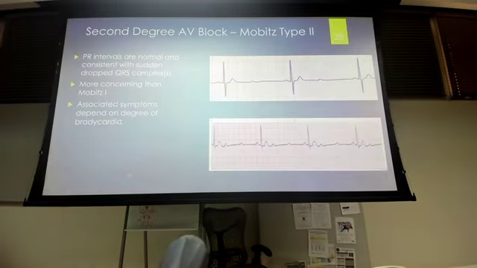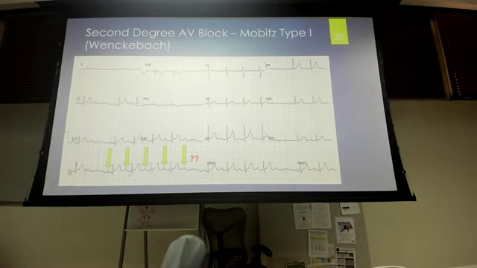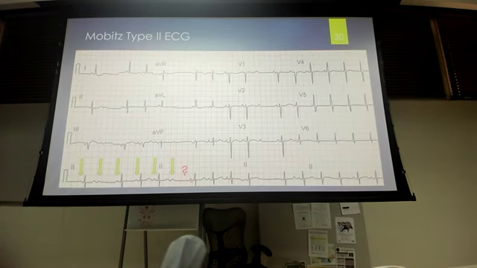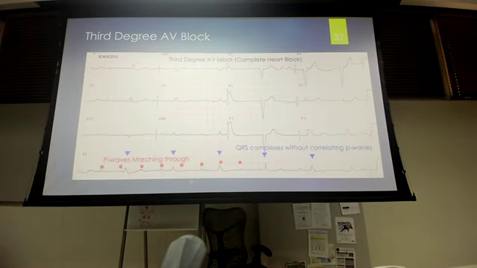If we come back to Wenckebach and measure this out, we are clearly missing a QRS complex after that. If you go to third degree AV block, you're missing multiple QRS complexes after those PR intervals.